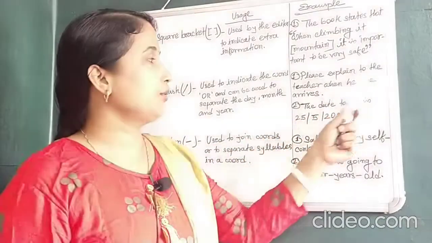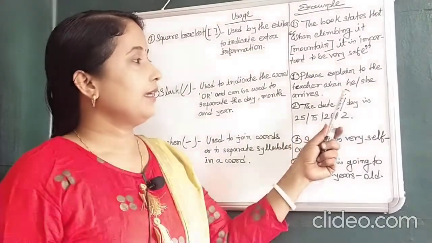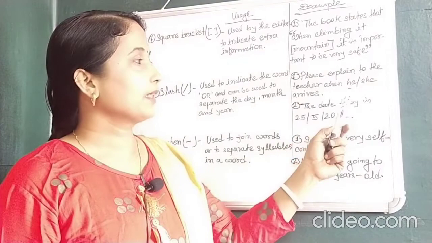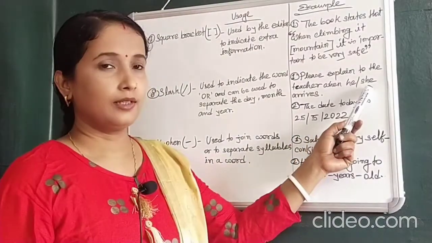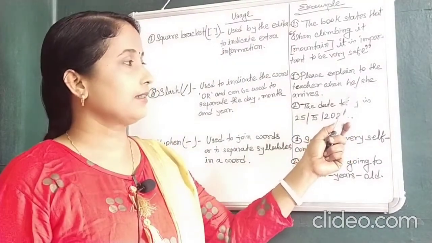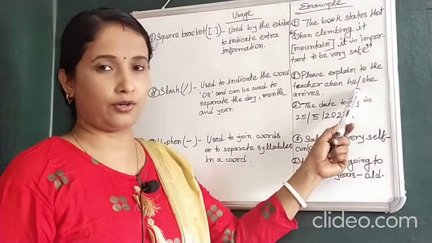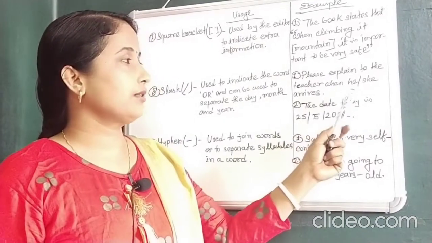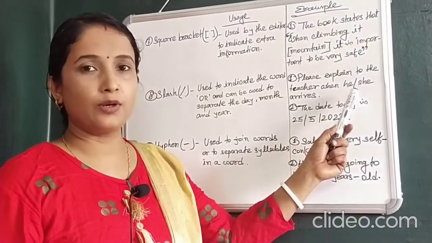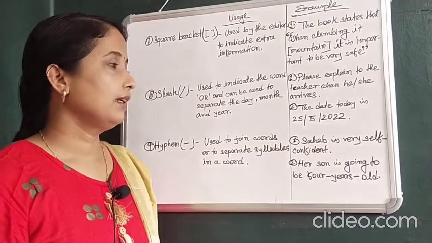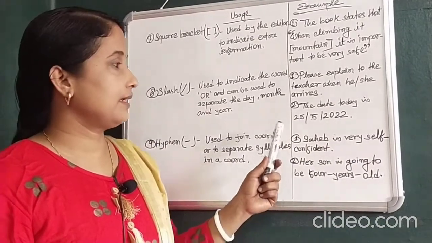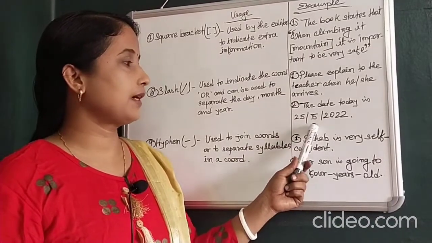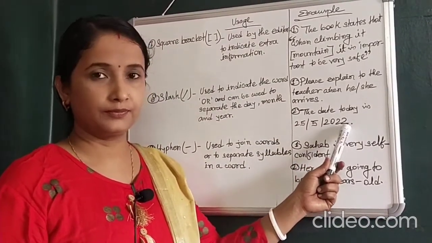Please explain to the teacher when he/she arrives. Here, "he or she", we use slash as the alternative of or. So we use slash here as the alternative of or. Next example: the date today is 25/5/2022.